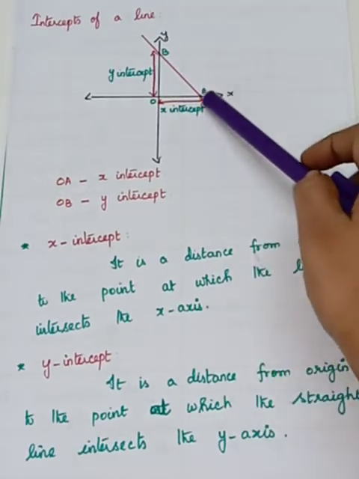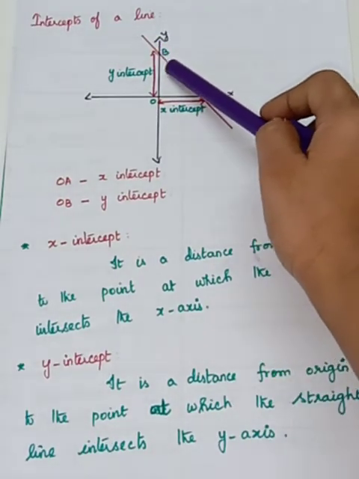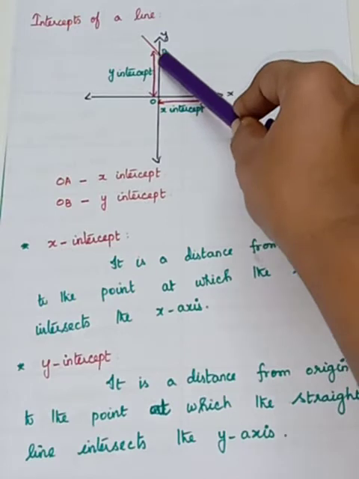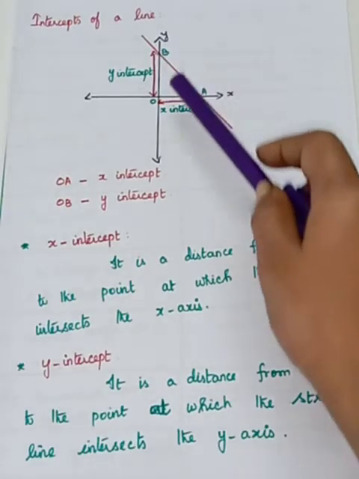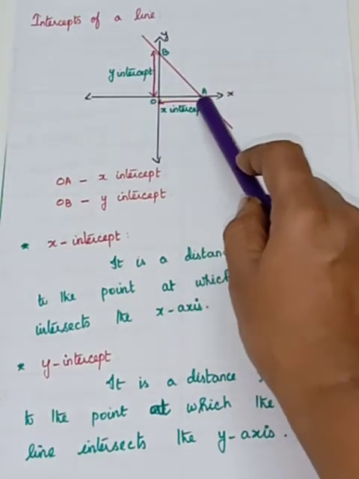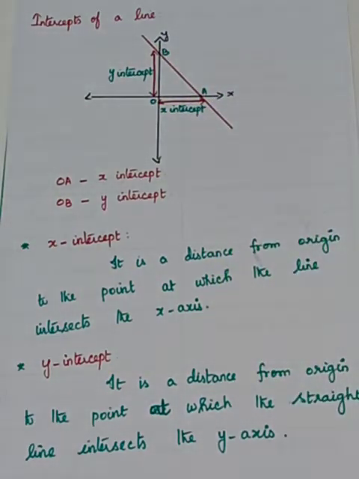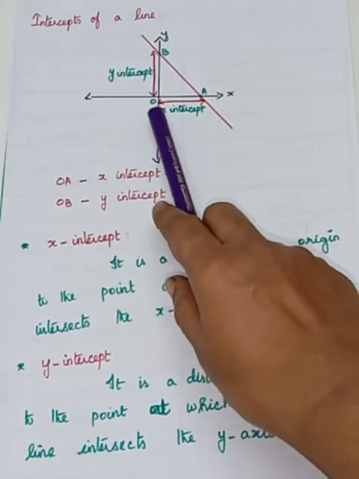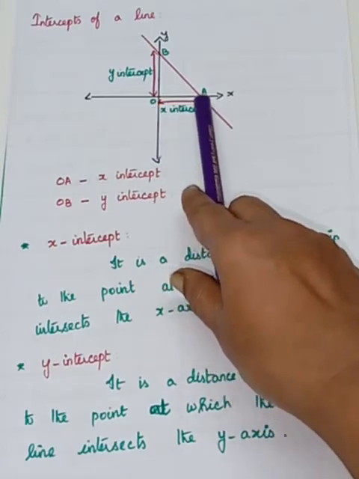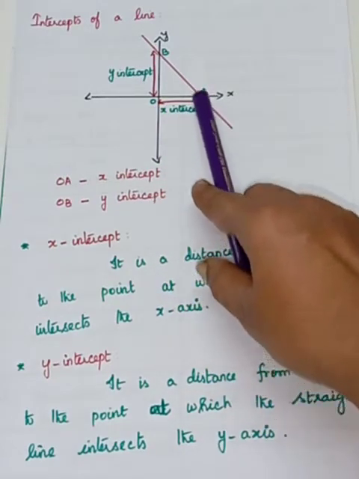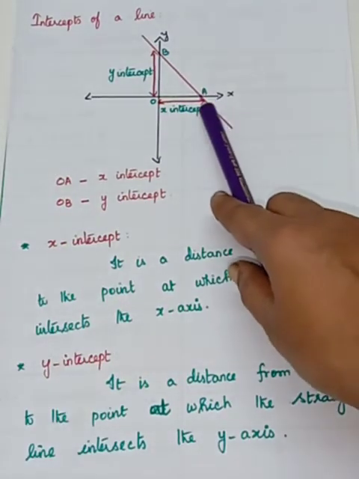In the same way, when the straight line crosses the y-axis at a point B, B is called the intercept. So the x-intercept is nothing but OA and the y-intercept is nothing but OB. The x-intercept means it's the distance from the origin to the point at which the straight line cuts the x-axis.